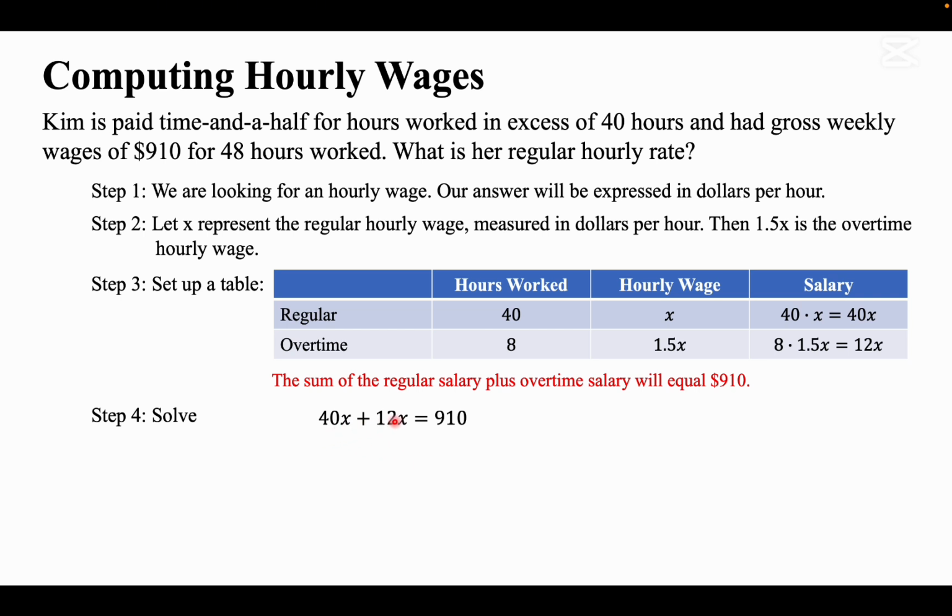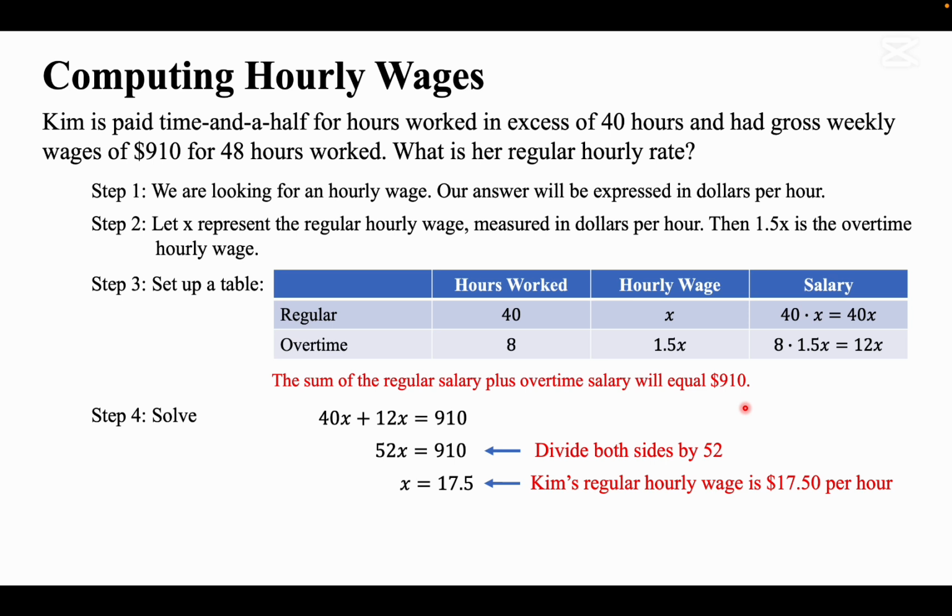Well, 40x plus 12x is 52x, which equals 910. Divide both sides by 52, and you get x equals 17.5. Well, what is x? x is how much she makes during those regular hours, right? So the regular pay is basically 17.5.